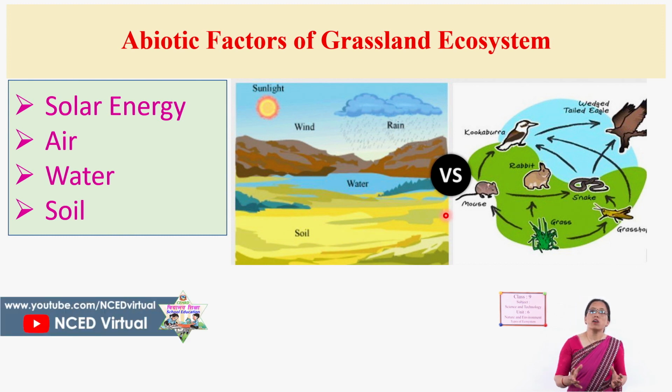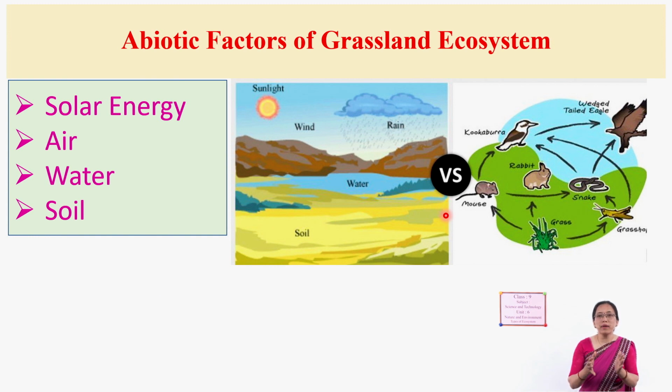Similarly, plants also grow on the soil. It is the base of plants, animals, and even microorganisms too. So soil is a very essential abiotic factor of the grassland ecosystem. It is providing the base of life to each and every organism.